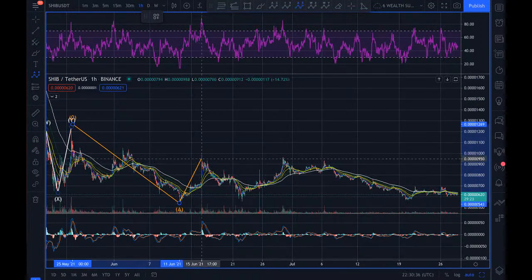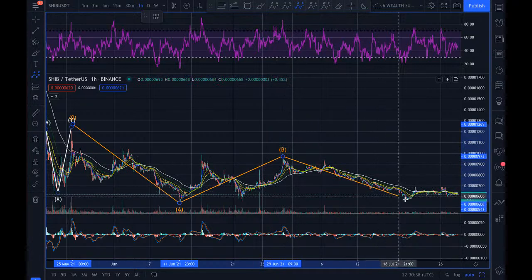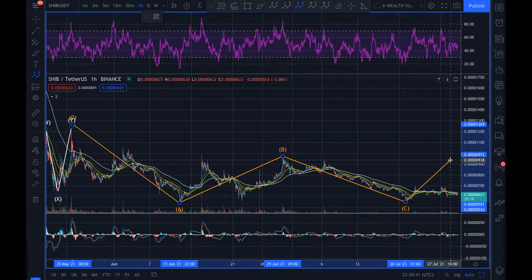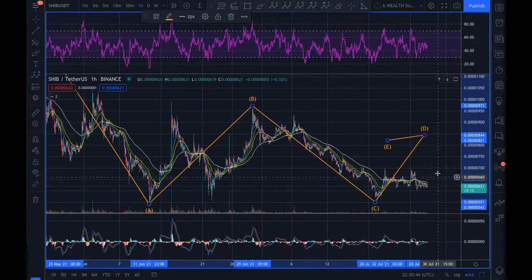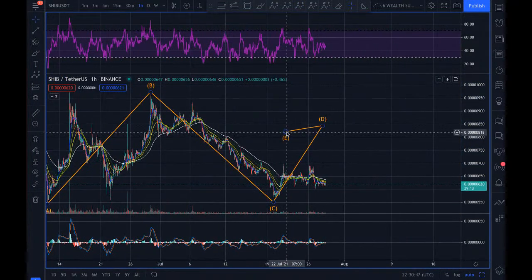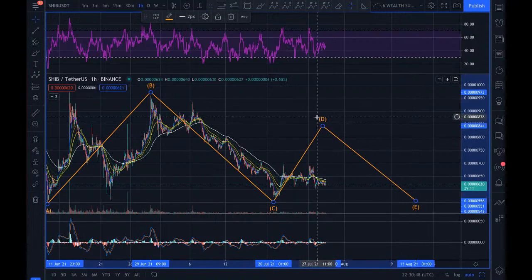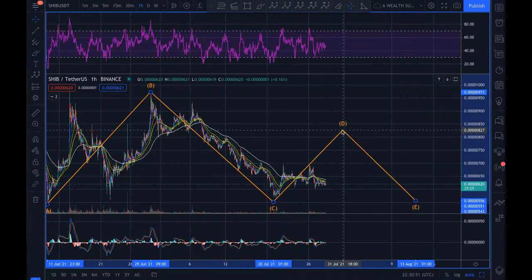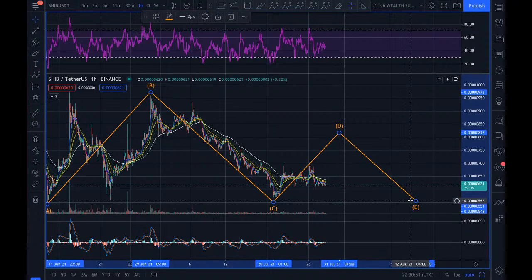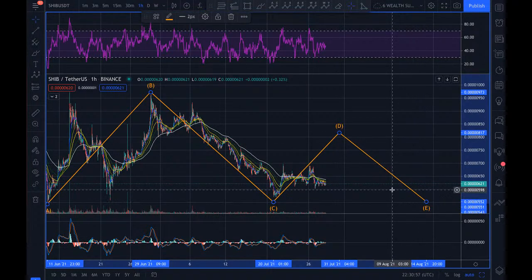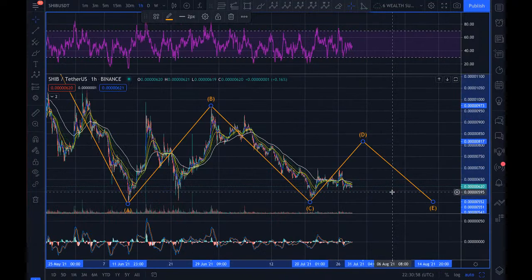And then it's just been going sideways in some kind of A, B, C, D, something like this. So that might have a spike in it somewhere and then come back down, but that's hard to tell.